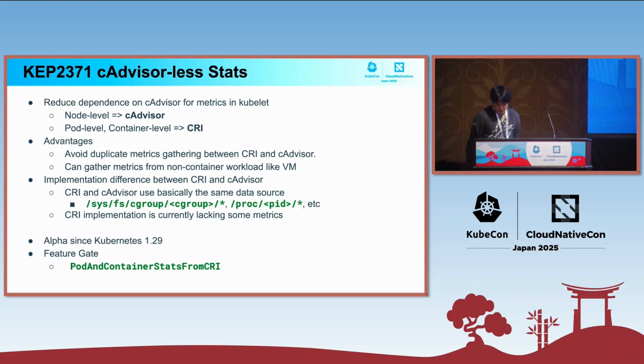However, the CRI implementation is currently lacking. While the Kubernetes side is ready for this transition, the container runtimes need to step up their metrics collection capabilities to make it a reality. This KEP has been alpha status since Kubernetes 1.29.